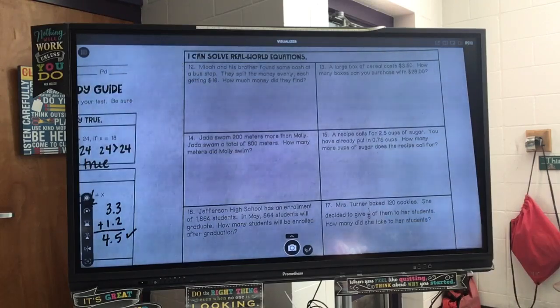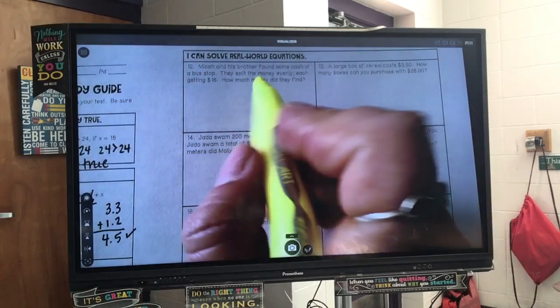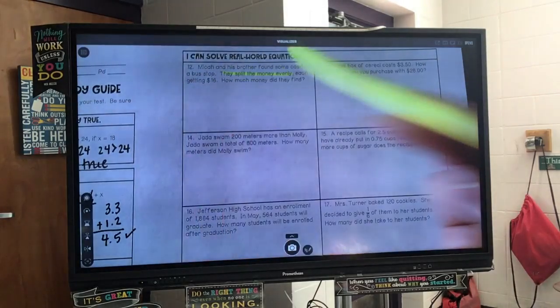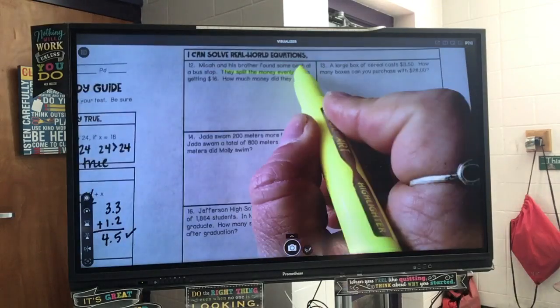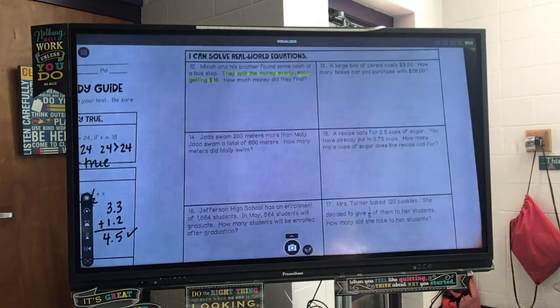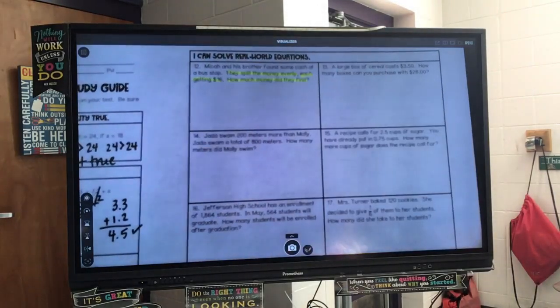Alright, so what is important in this question? Levi? So they split the money evenly. What else? Okay. Alright, so what does our equation look like?